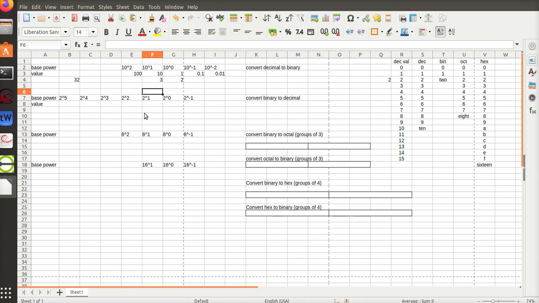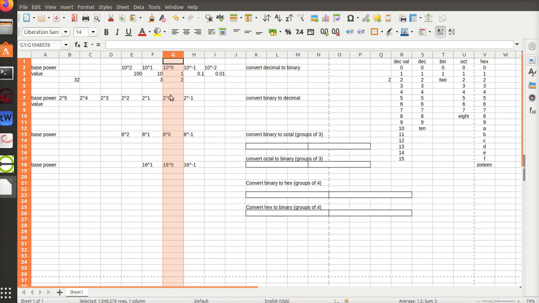Okay? Now, a binary number system is base 2. So instead of base 10, it's base 2, but the process of the powers is the same. And notice this column, I've lined up my base number to the power of 0, and those are always 1.